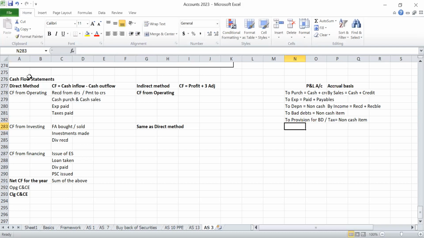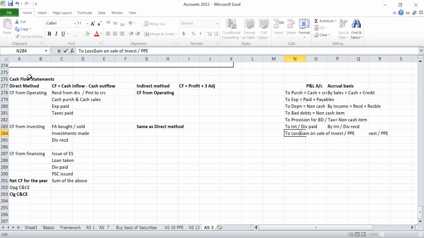Then to interest, dividend paid. Then by interest, dividend received. Then by gain on sale of investments or PPE.